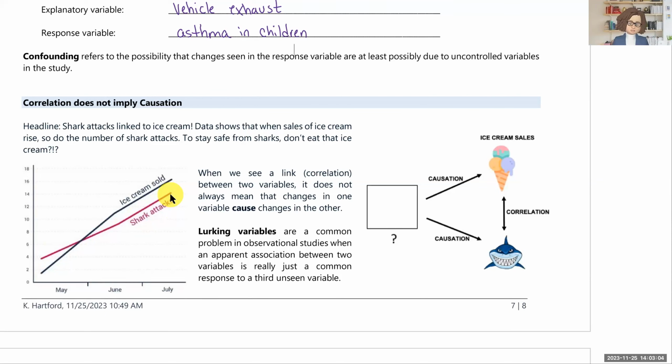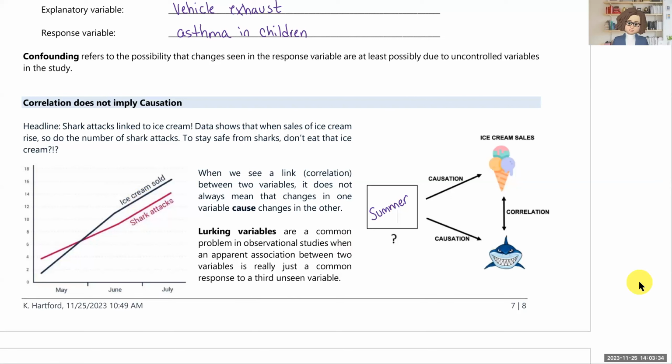So it's not that the ice cream is causing the shark attacks; the factor contributing to both, I'll just write summer or hot weather. It's the hot weather that's causing ice cream sales to go up and more people swimming, leading to a higher number of shark attacks. So again, kind of a silly example just to illustrate that just because two things are correlated, it doesn't necessarily mean that one is causing the other.